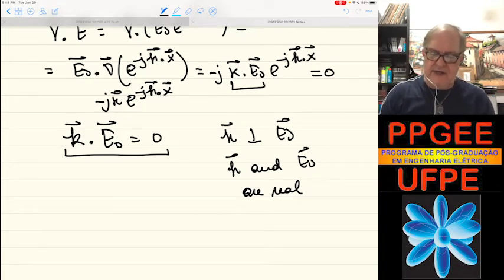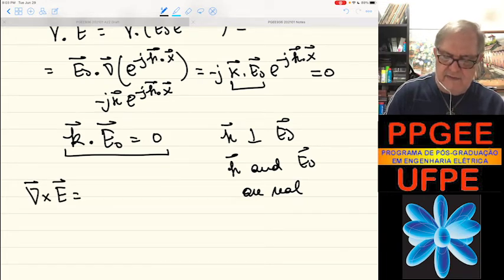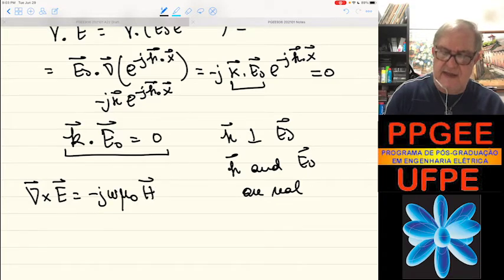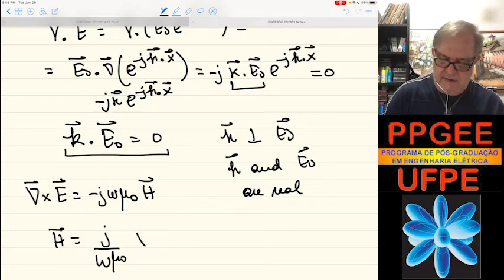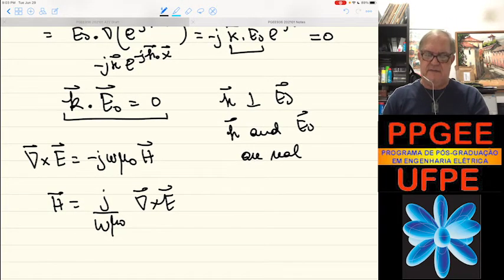Well, the other relationship we are going to use is that curl of E equals minus j omega mu 0 H. Then we can determine H. So I'm going to use the known result.